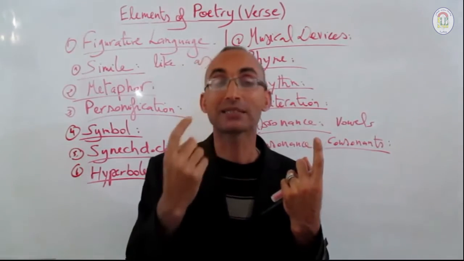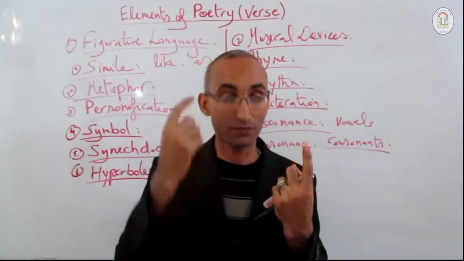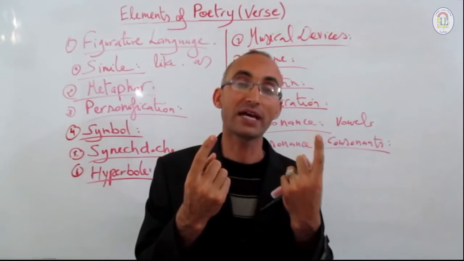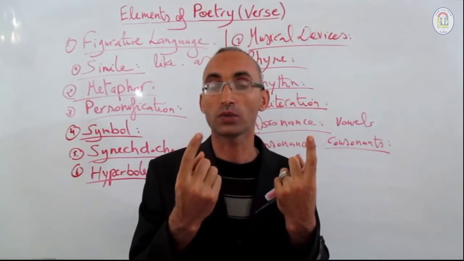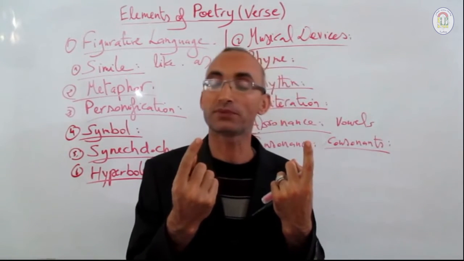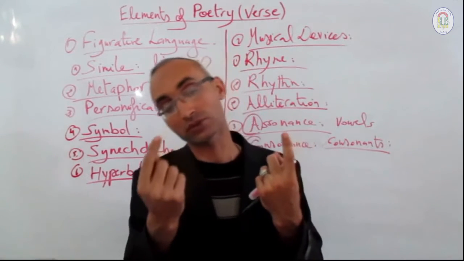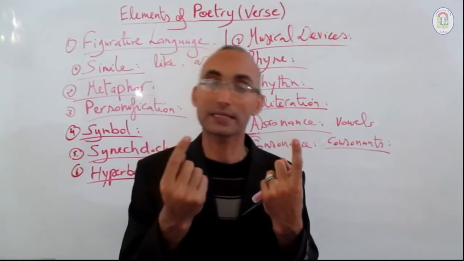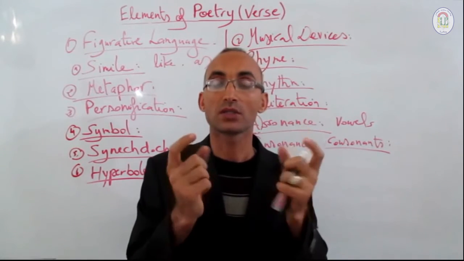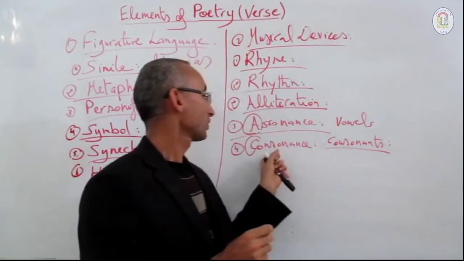Black and block also is a kind of consonance. Black has A and block has O. Before it's B and after it's the same consonants, but before and after different vowels within two close words. This one is called consonance.